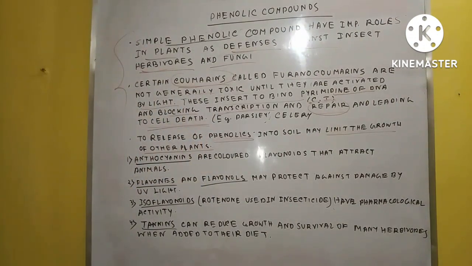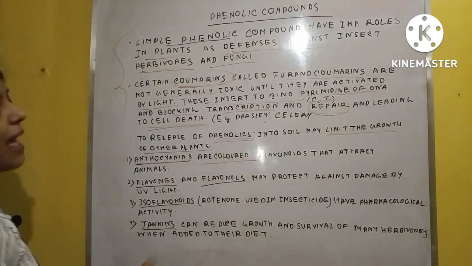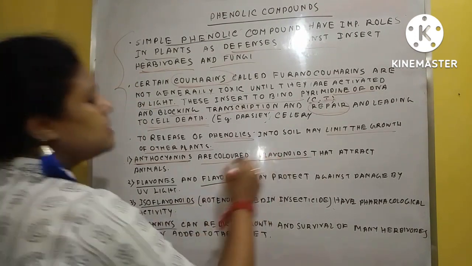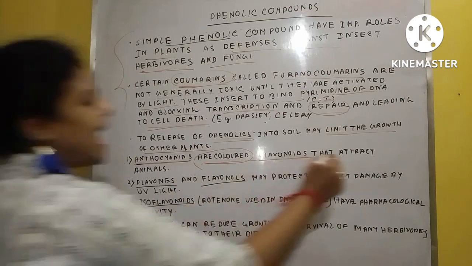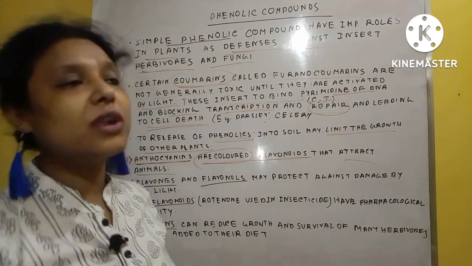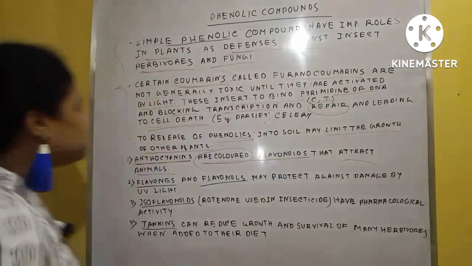Now, one example we have taken is anthocyanin. It is one kind of phenolic compound, a colored flavonoid. Due to the coloring pigment, these attract animals, which is very important because it helps in pollination indirectly.